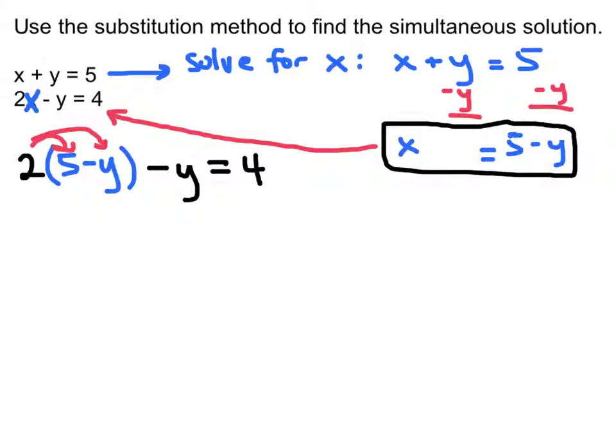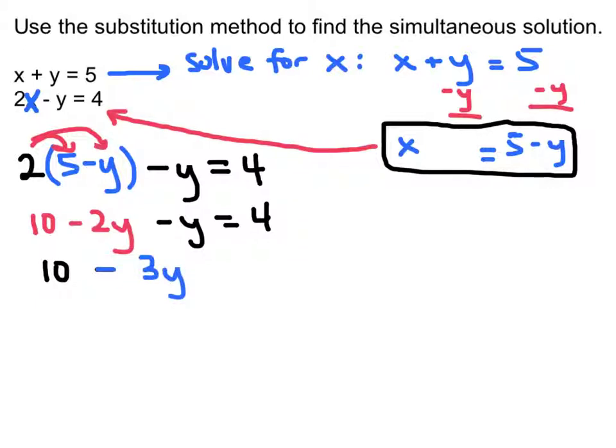So that will leave me with 10 minus 2y, rewriting the minus y equals 4 from the rest of the equation. And then I'll combine like terms, the -2y and -y. So that will leave me with 10 minus 3y equals 4.